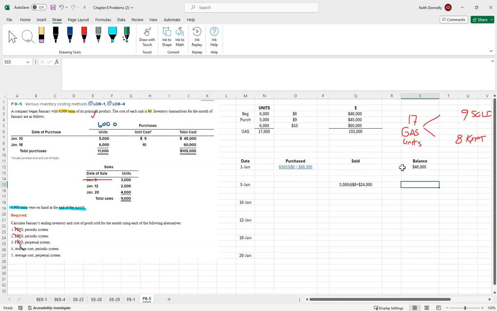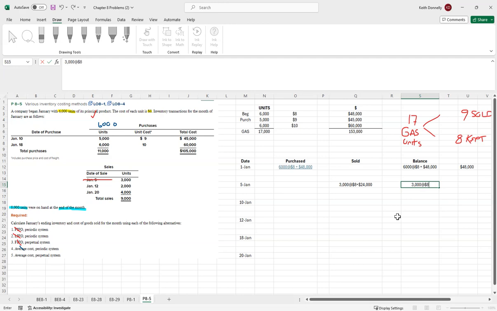So the idea is we started at 6, that gave us a balance here. Let me do it like I did before. I want to have the units on there just to keep it the same. We started at 6, we sold 3. That means we're going to have 3,000 left at $8.